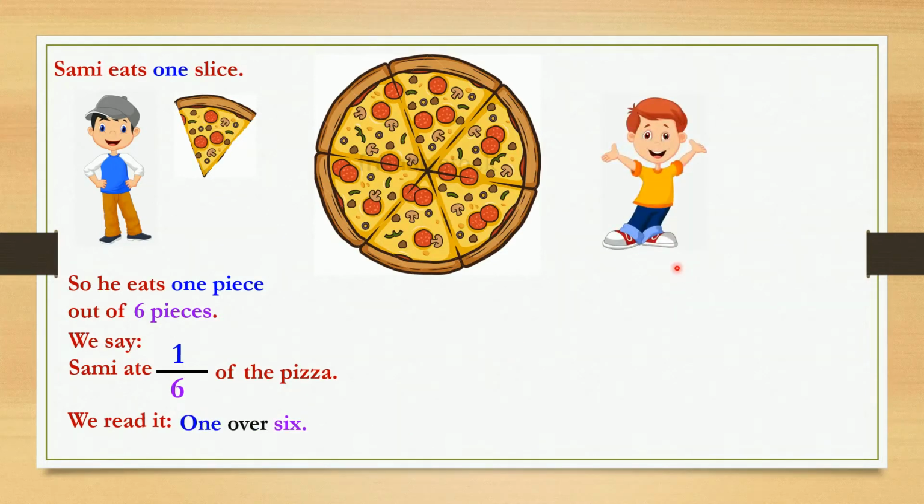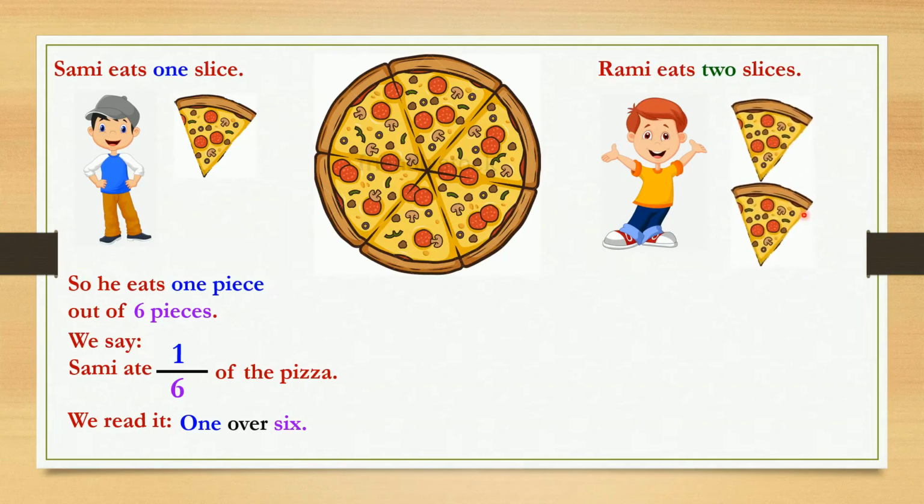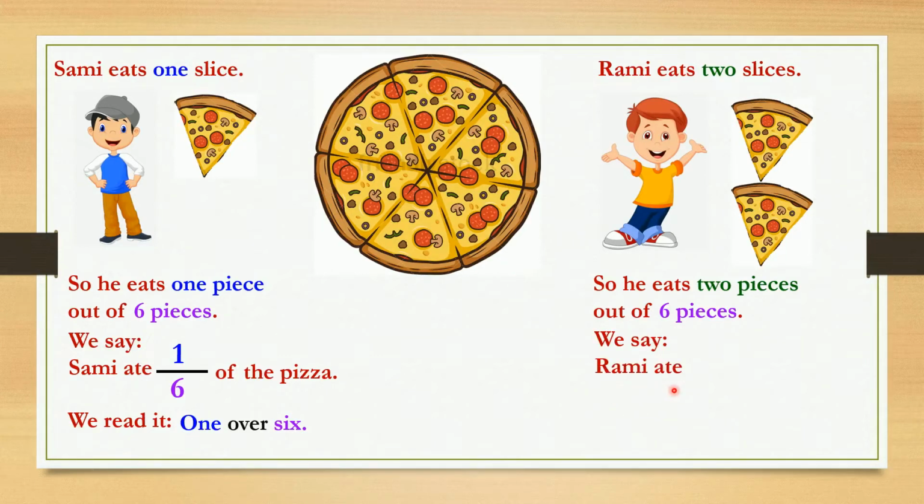Now we have another boy, Rami. Rami eats 2 slices. 1, 2. So he eats 2 pieces out of 6 pieces. We say Rami ate 2 pieces out of 6, 2 over 6.